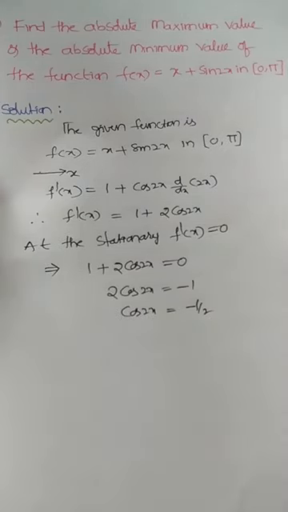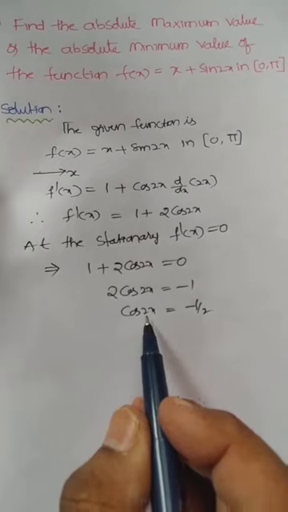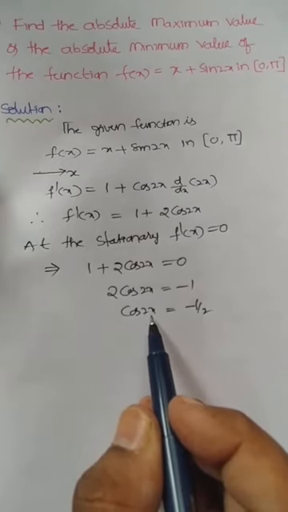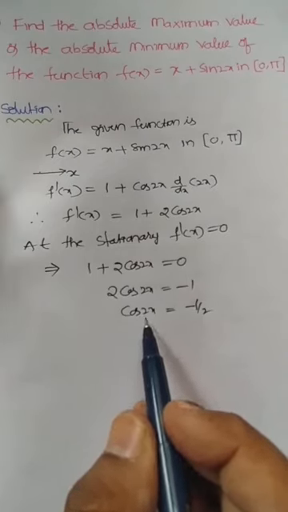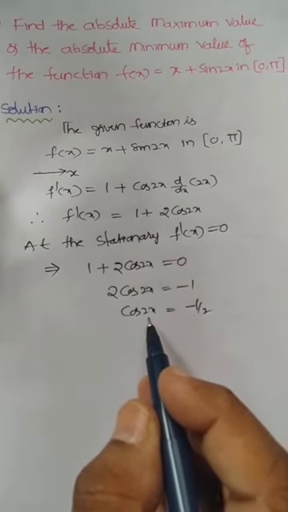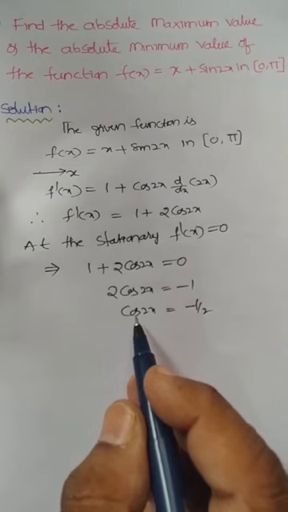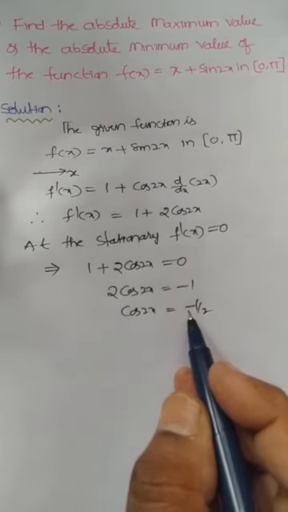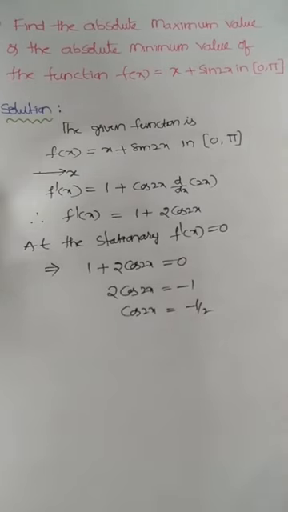For that we have to get this theta. Here 2x is the angle. What values of 2x will satisfy cos 2x equal to minus 1 by 2? We have to check in this domain 0 to pi.